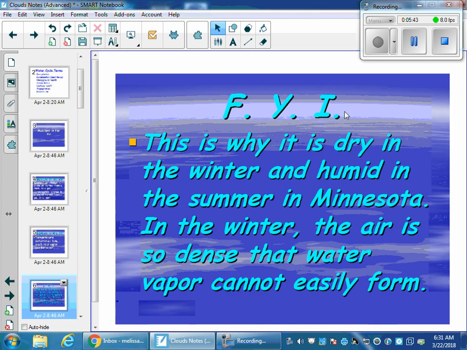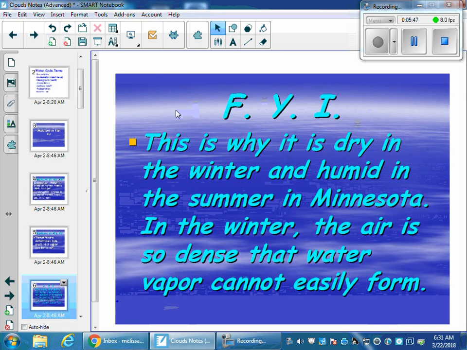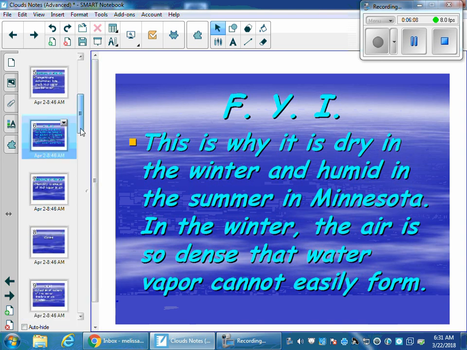This explains why it is dry in the winter, okay, and humid in the summer. When it is warmer, the air molecules are further spread apart, so they're moving around. It is much easier for water vapor to form in the atmosphere or in the air around us. So this explains why it is dry in winter and humid in the summer. In Minnesota, we get so cold. The air is very dense that it's hard for that water vapor to form.